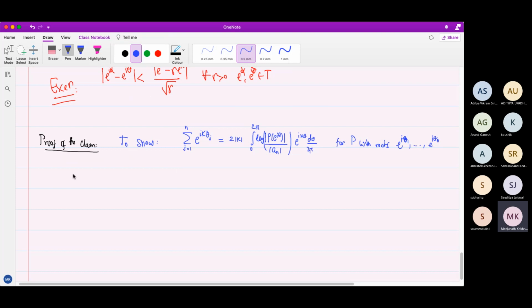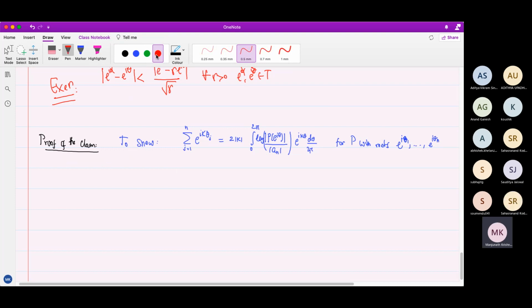So the point to realize is, let's reduce what we have to write in terms of this. This thing is actually 2 mod k. This is for k not equal to 0. Anyway.